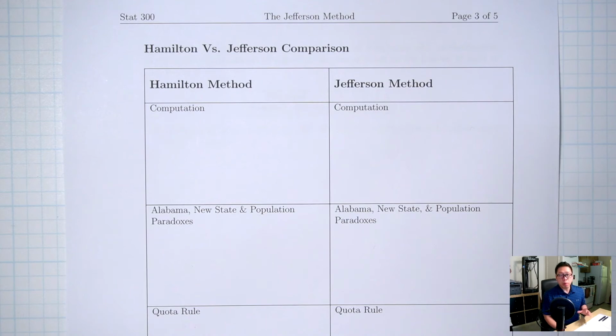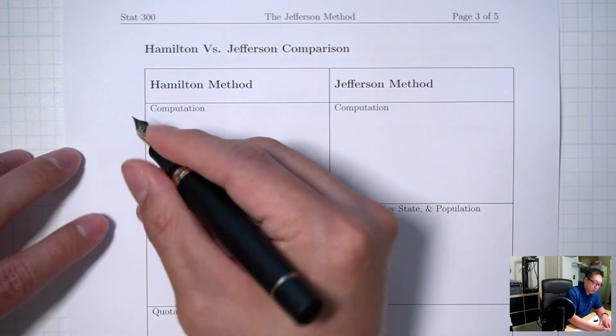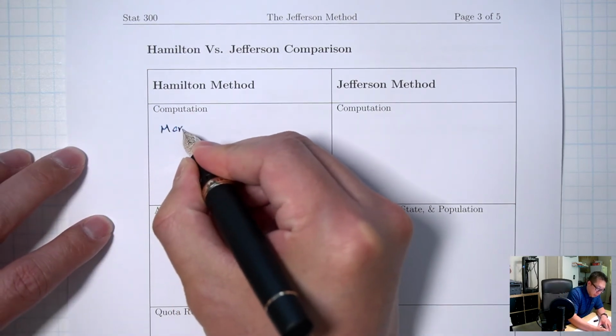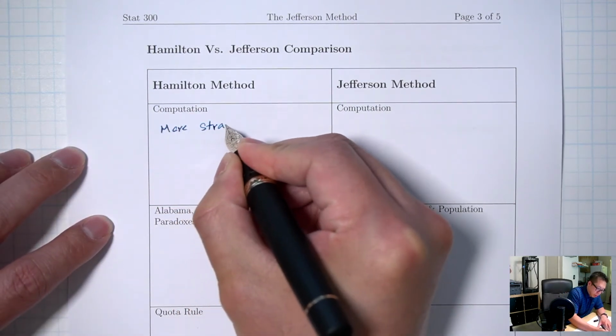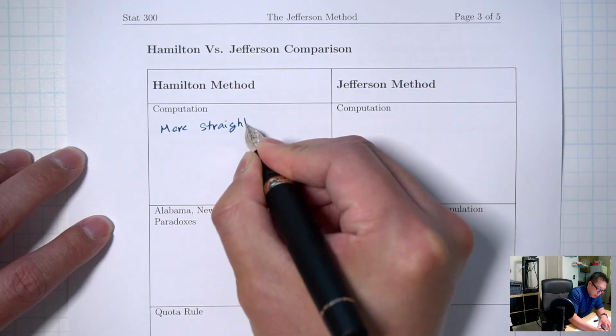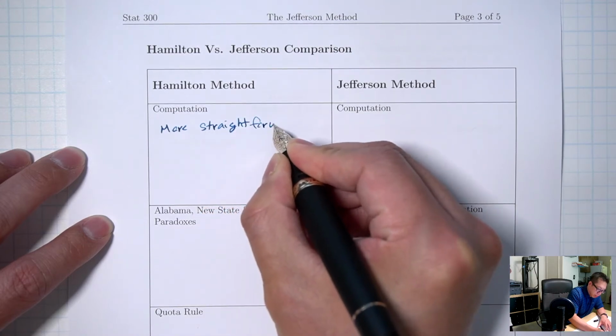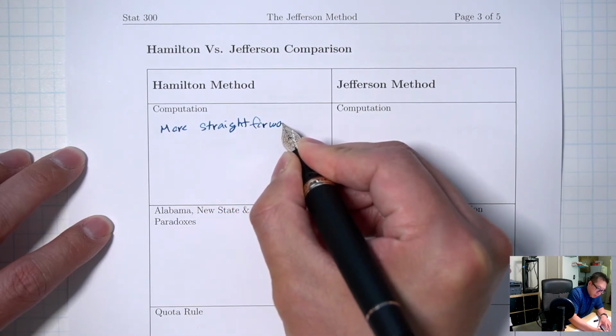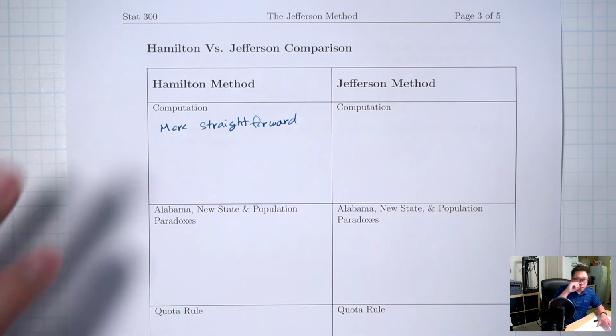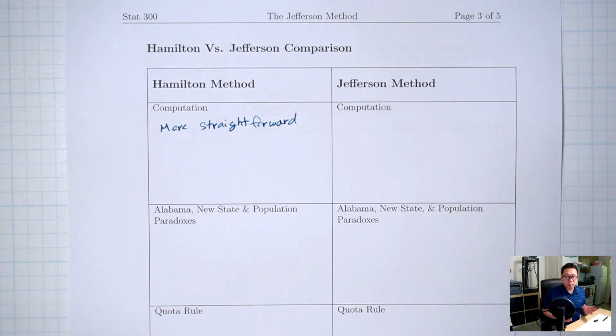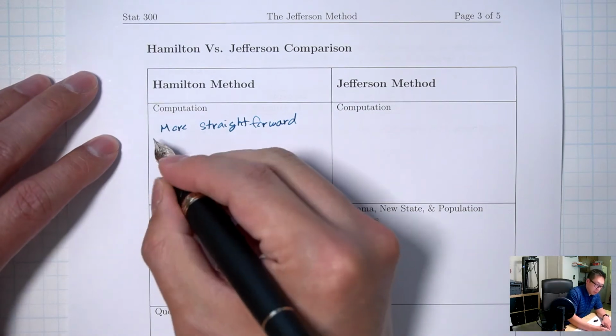Now that we've seen both the Hamilton method and the Jefferson method, let's compare the two. In terms of computation, I would say that the Hamilton method is more straightforward, mostly because it doesn't involve any guesswork.